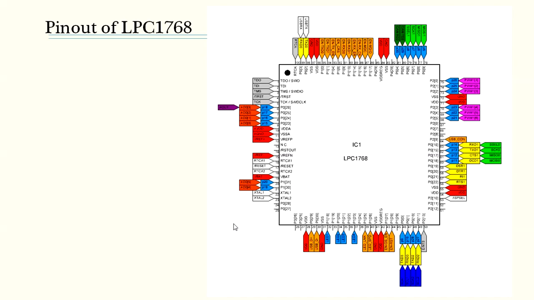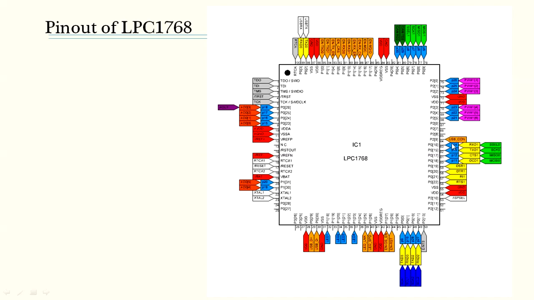The important feature of the GPIO is that it provides more than one functionality, unlike the lower controllers, which are just 8-bit and are very specific to one function. As you can see, to one pin you have so many color codes added, right? Each color code indicates one function.